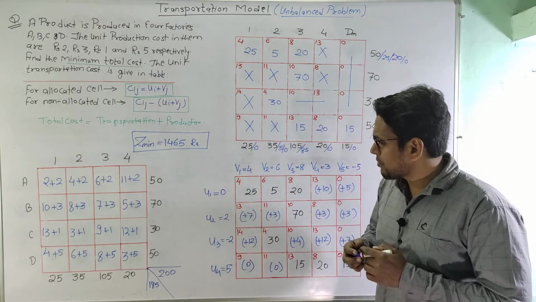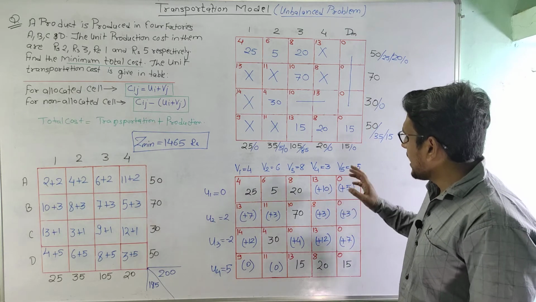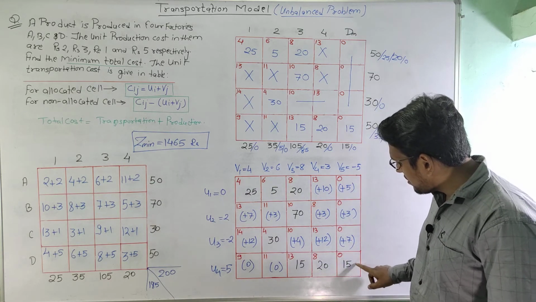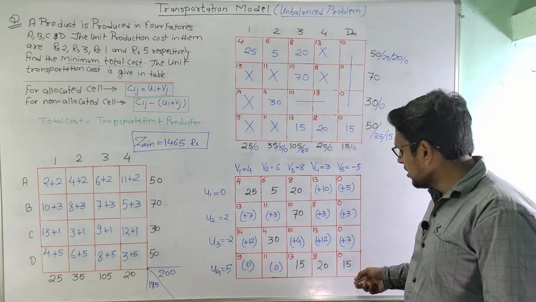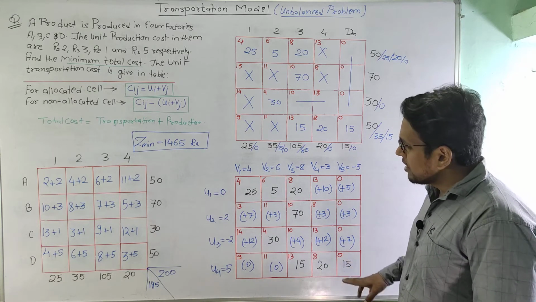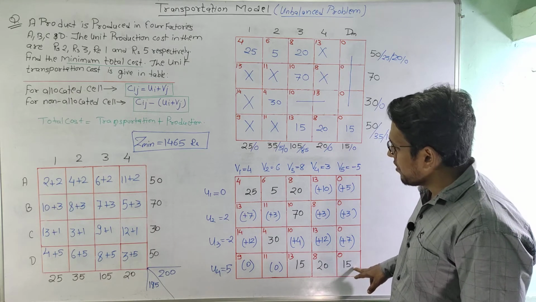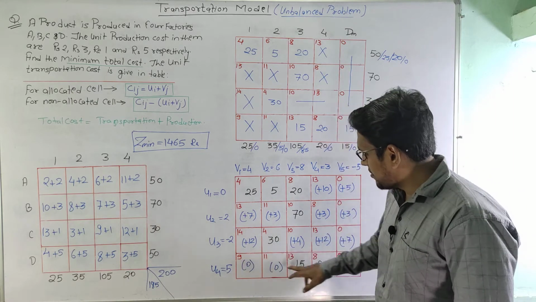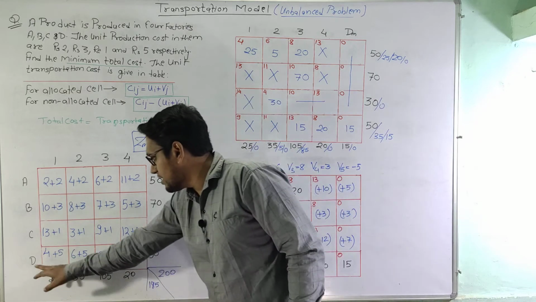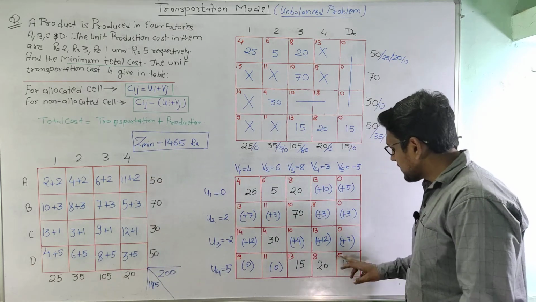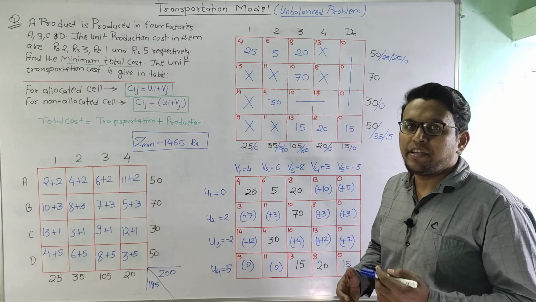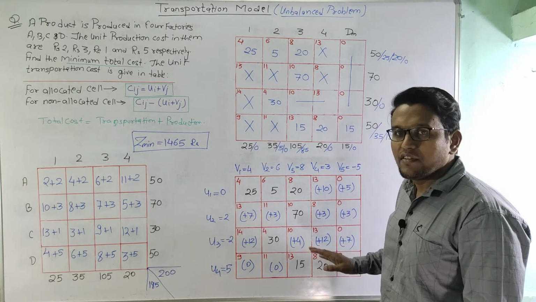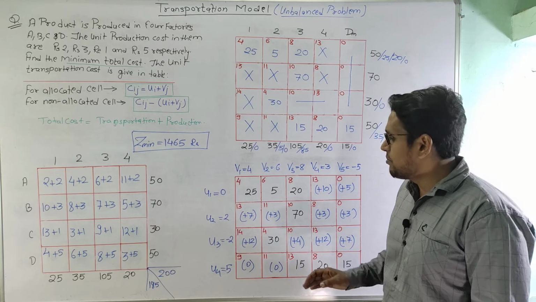Now in this particular problem, we can see that this value 15 units is coming in the dummy column. So this represents that 15 units from factory D, the fourth row, are remaining and not fulfilling any of the demands.